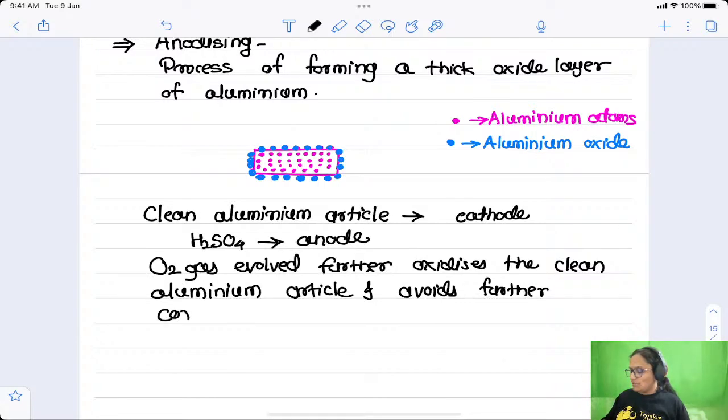Corrosion is nothing but oxidation, right? And this process is called anodizing.